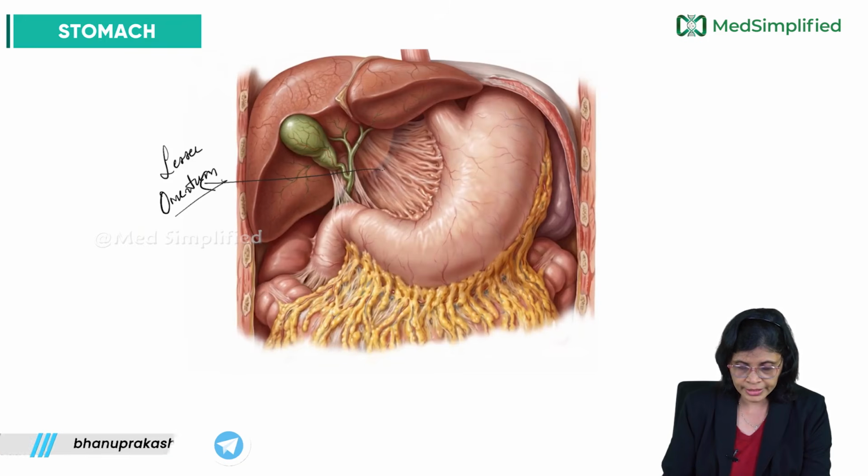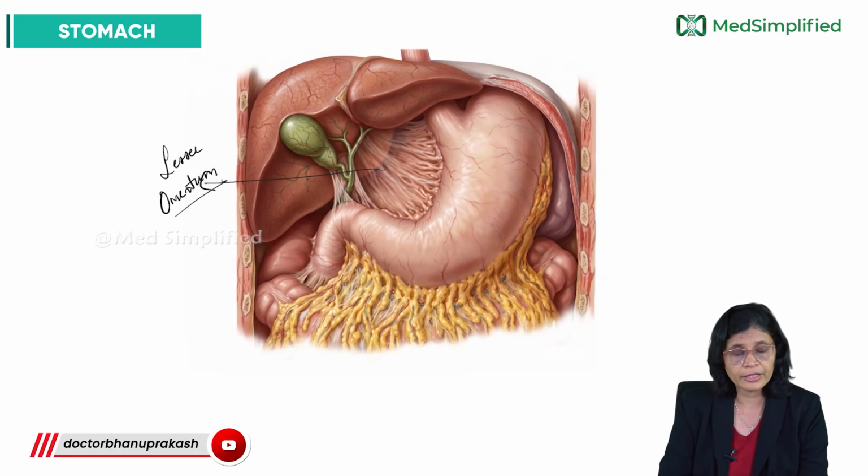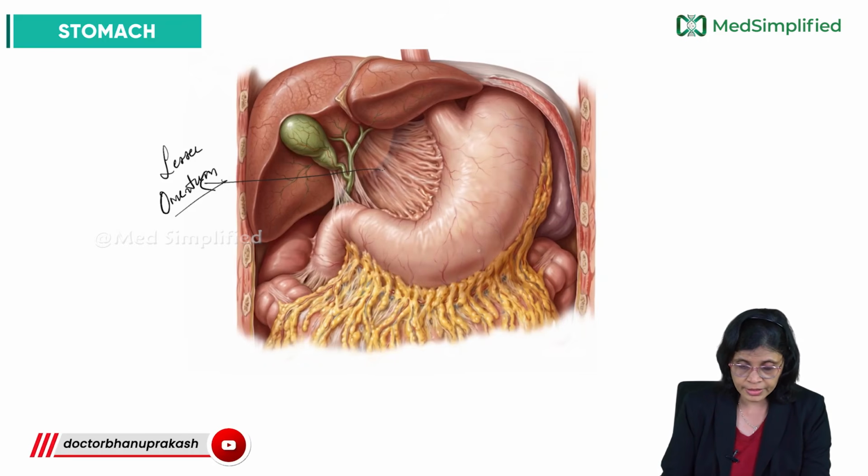Along the greater curvature we have the greater omentum, which contains the right and left gastroepiploic arteries, and an anastomosis is seen within this.